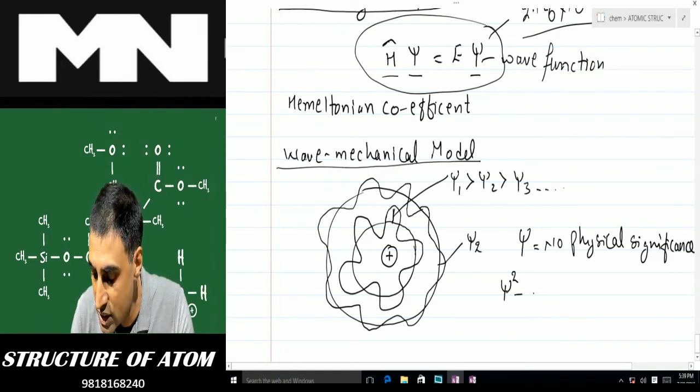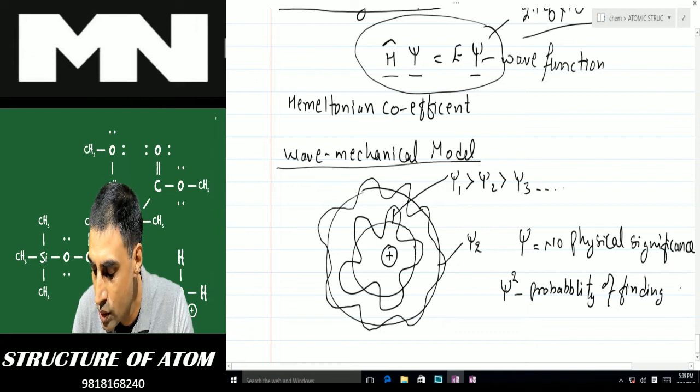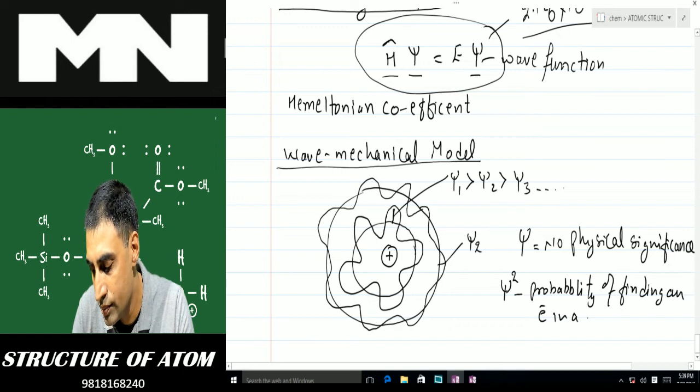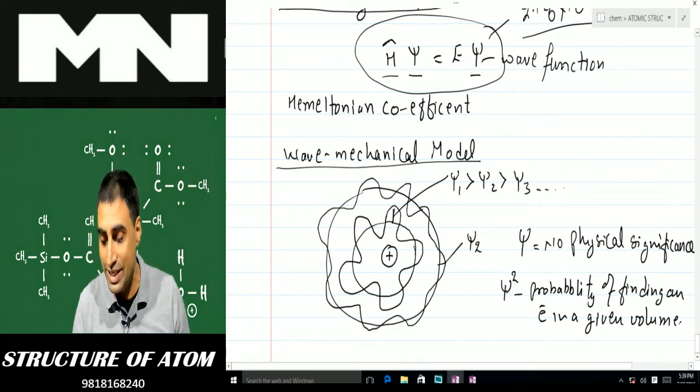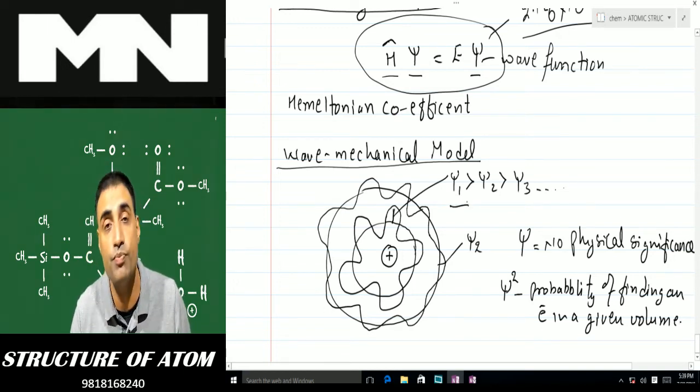Xi square gives us the probability of finding an electron in a given volume. So you can see that xi1 has a higher value.